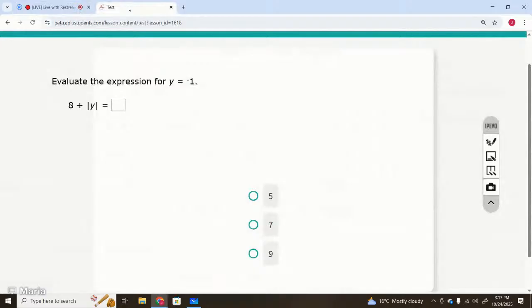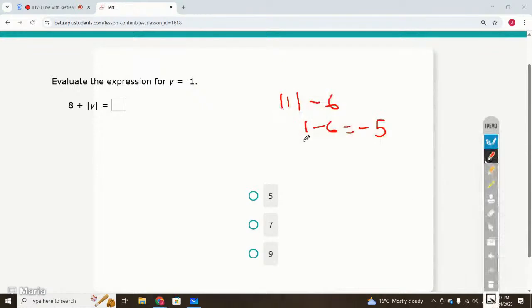y equals negative 1. 8 plus negative 1. That is 8 plus negative 1, 9 it is.